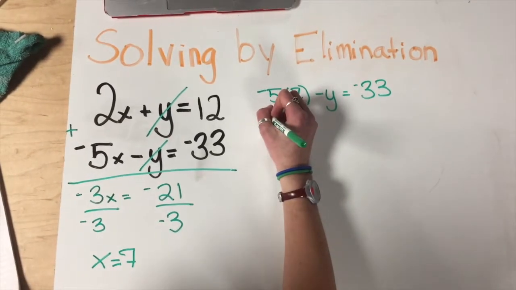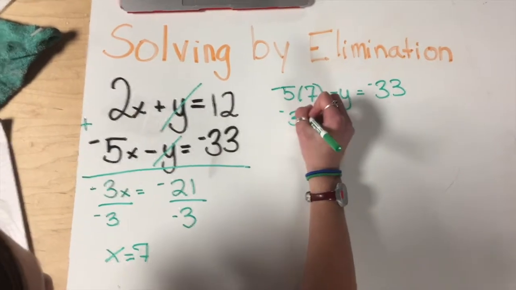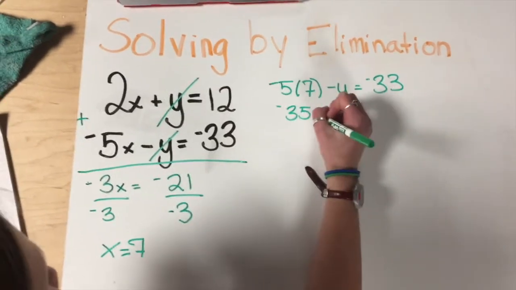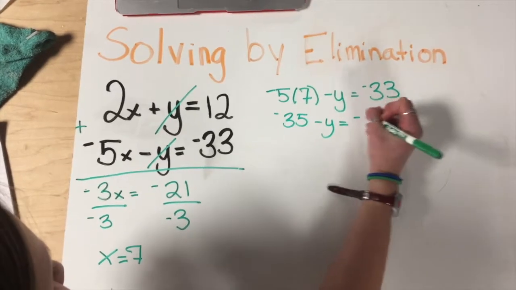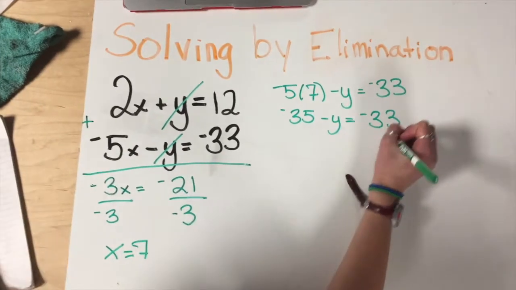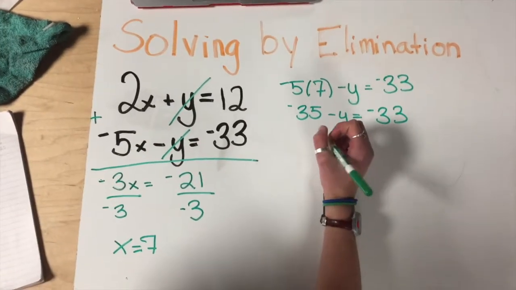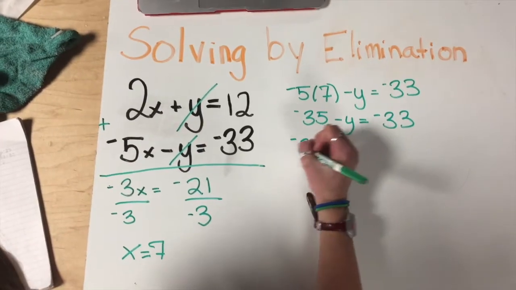Multiply negative 5 and 7, and we'll have negative 35 minus y equals negative 33. Now we have to get the variable by itself again. So we're going to add 35 to both sides.